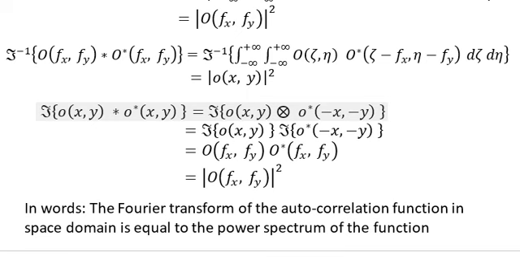So you can see that this first line provides the connection between the autocorrelation function and the convolution between them. So in the convolution we have the object O convolved with the complex conjugate of the object, but at the coordinates minus x comma minus y.